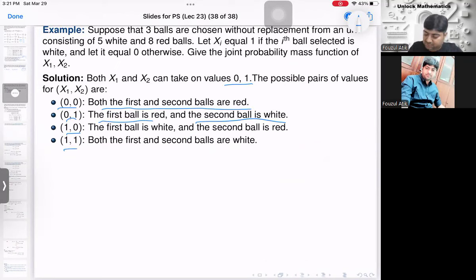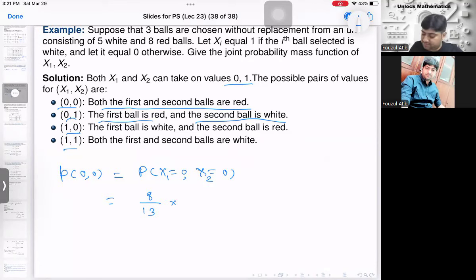Now we can find the probability of each of them. So what is P of 0, 0? It means the probability of x1 equal to 0 and x2 equal to 0. That means the first ball is a red ball, so 8 by 13 ways it is possible, into the second ball is also a red ball, but without replacement.